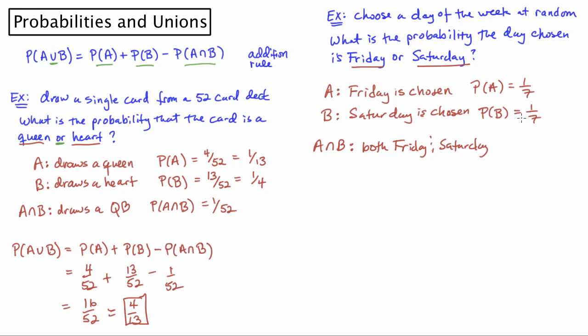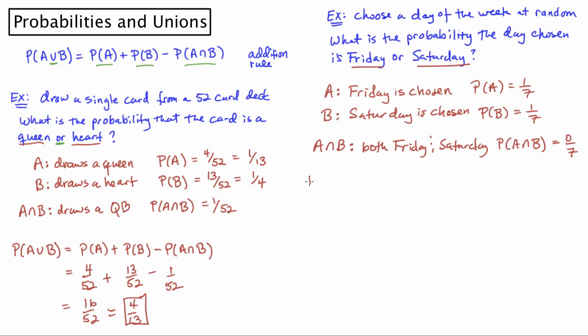The probability, if you're picking one day out of the week, of getting both Friday and Saturday is non-existent. That's not possible. You can get either one of them, but you can't get both on a single choice. So that probability is 0. I'm just using 0 out of 7 here because I want a common denominator.